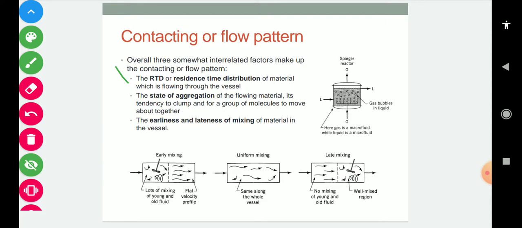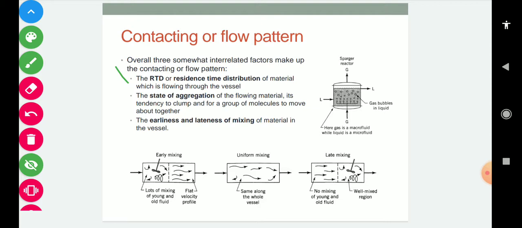If the reactor is ideal, all the molecules spend an equal amount of time in the reactor, but in a real reactor that is not possible, and different molecules spend different amounts of time in the reactor. To account for that, we need to calculate the residence time distribution.